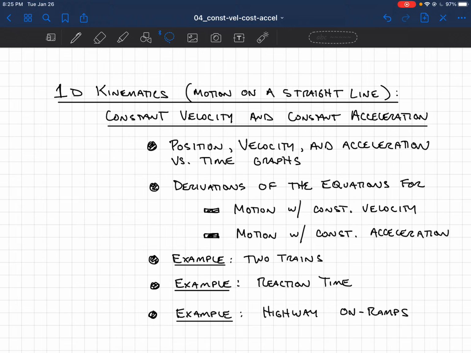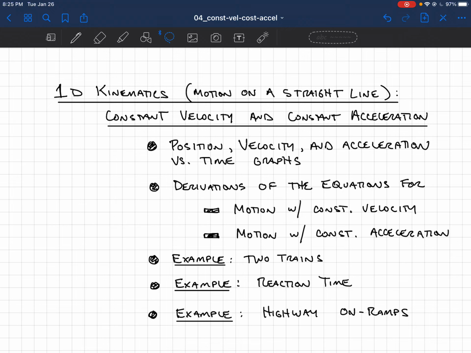But now we'll take this special case because it's a useful one that appears in a lot of situations that you might observe. So we'll look at problems where in some interval of time the object is moving with constant velocity, and maybe in another interval of time the object moves with constant acceleration.